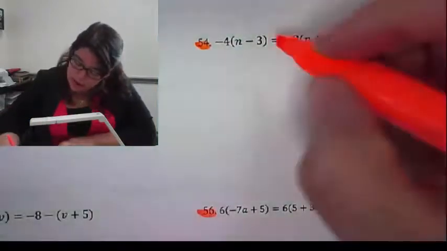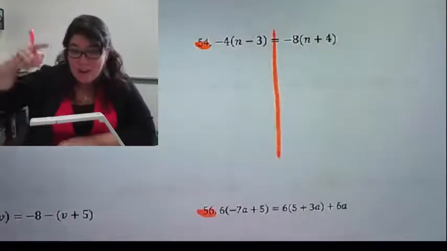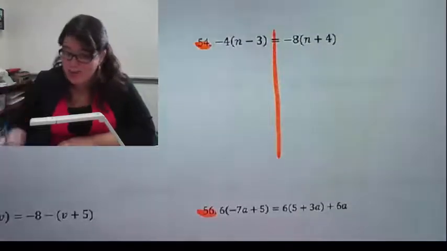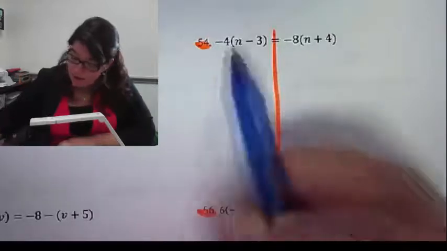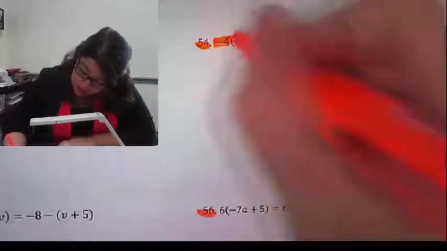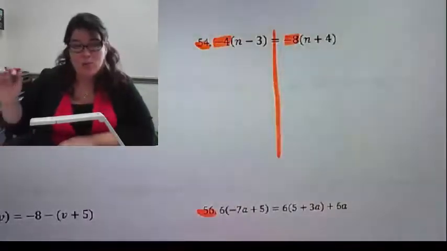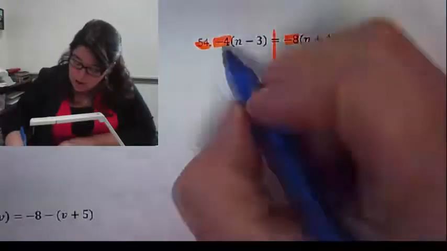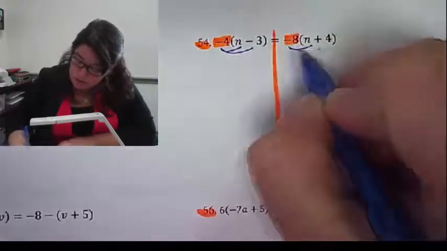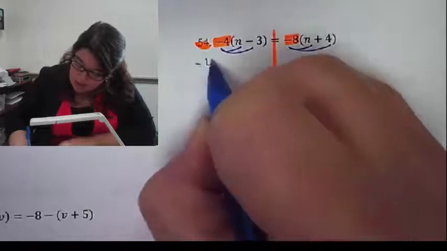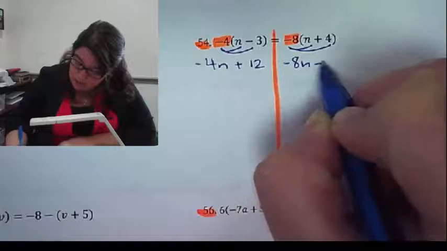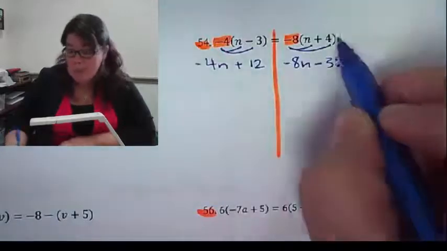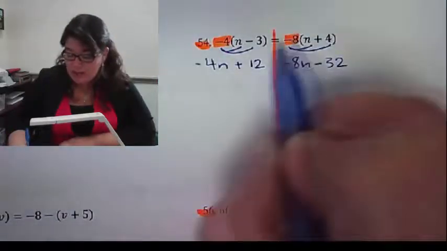Before you get too crazy, draw your fence as a line, separating the equation by the equal sign. Check for distribution. Whoa! I've got distribution going on over here and here. 2 places. No sweat. I got this. I'm a pro. I'm going to distribute and distribute. That gives me -4n and +12 and -8n and -32 because I multiplied each term by what was on the outside.